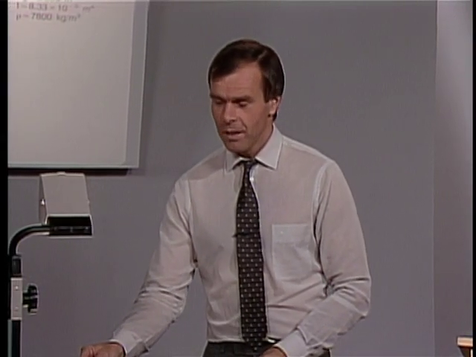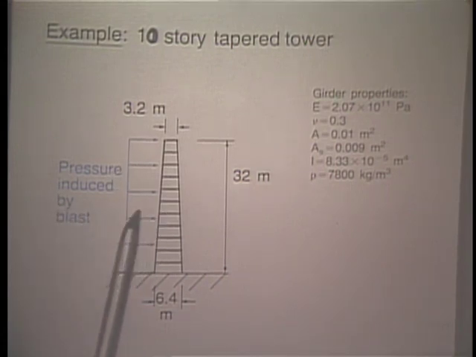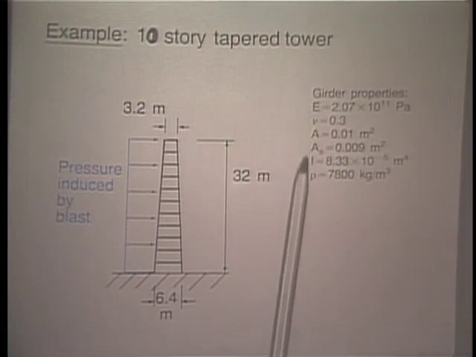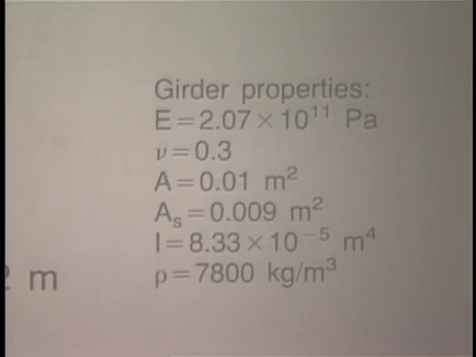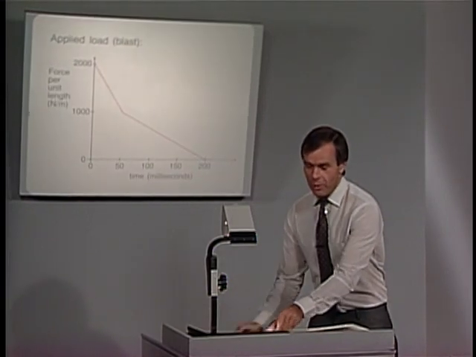The next example that I'd like to discuss with you is the analysis of a tower. The tower is shown here, subjected to a pressure that is induced by a blast. Here we have some geometric and material data regarding the tower. The applied load on the tower is shown here.